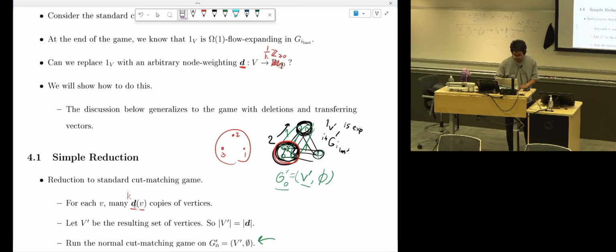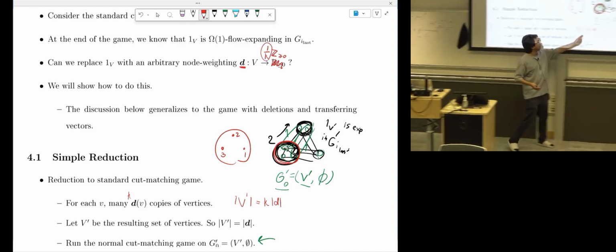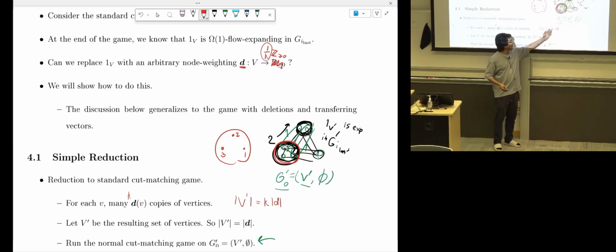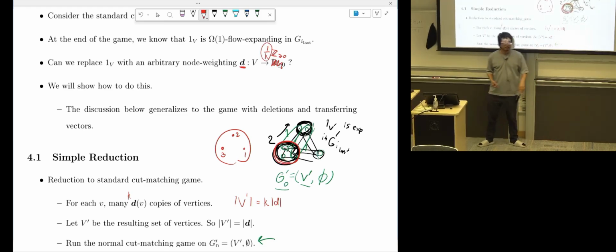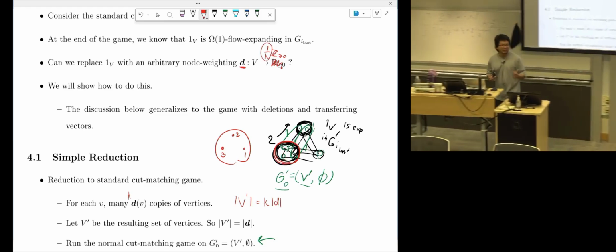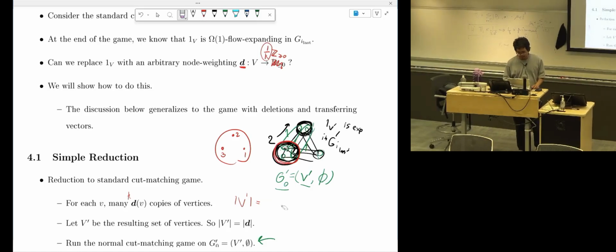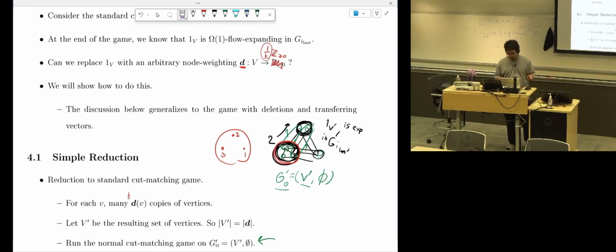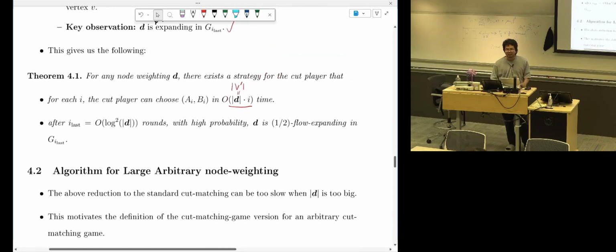The more fractional it is, let's say this is 1/k, then you make these k copies, and the size of V is now k times the size of D. So the more fractional it is, the less efficient this reduction is. So not so great. It works, and it works in some applications, but maybe you don't like it.